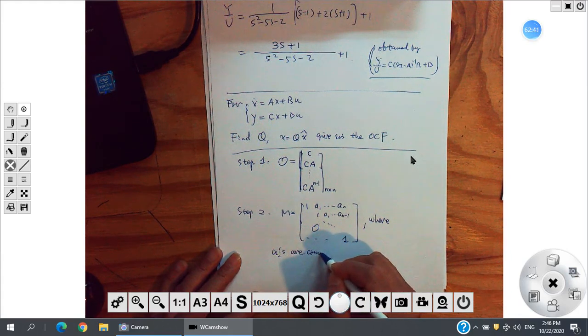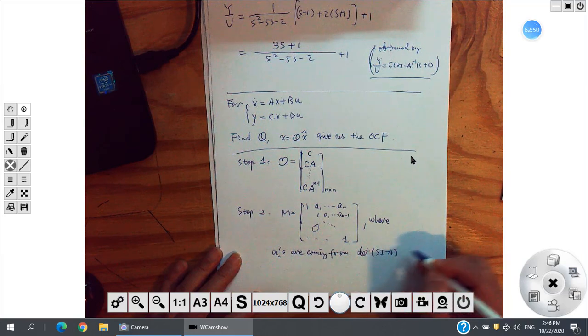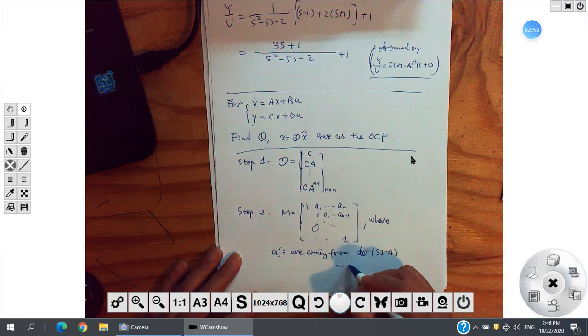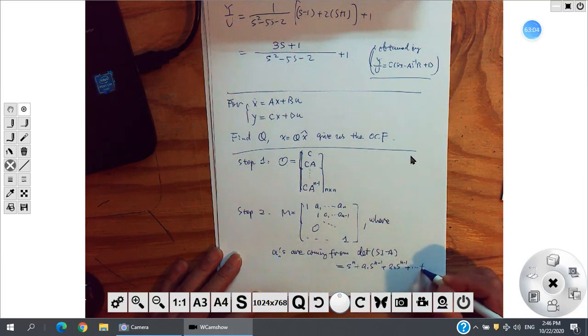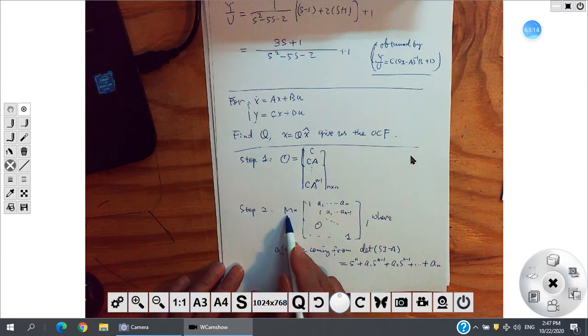They're coming from the determinant of sI minus A, which equals s to the n plus a1 s to the n minus 1 plus a2 s to the n minus 2 plus until the last one, a_n. Okay. So M is still this M.